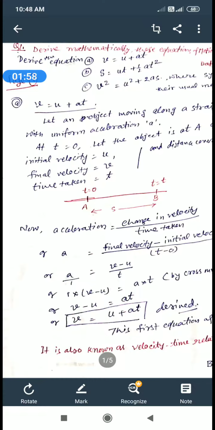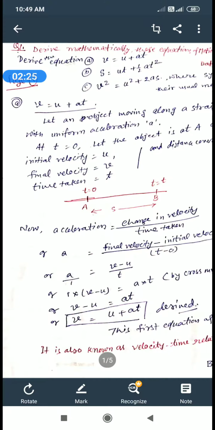Let an object move along a straight path with uniform acceleration a. At t is equal to 0, during the initial stage, or before starting, or at rest, let the object be at a and its initial velocity be equal to u.